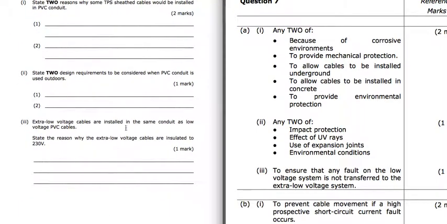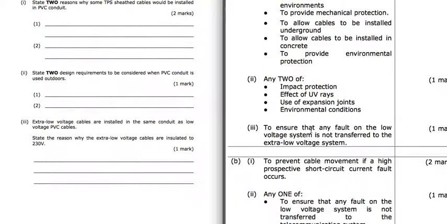Extra low voltage cables are installed in the same conduit as low voltage PVC cables. State the reason why the extra low voltage cables are insulated to 230 volts. So although it's only an extra low voltage, we do need the cables insulated to 230 volts so that if there is a fault on the low voltage system, on the 230 volt system, it isn't transferred to the extra low voltage system.